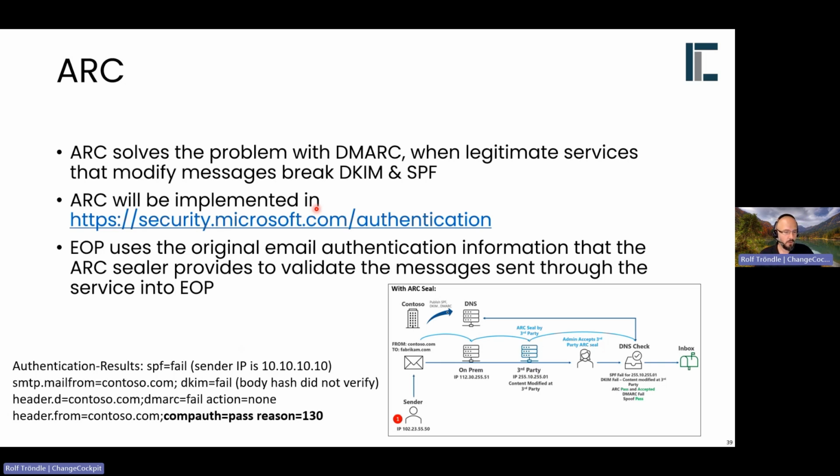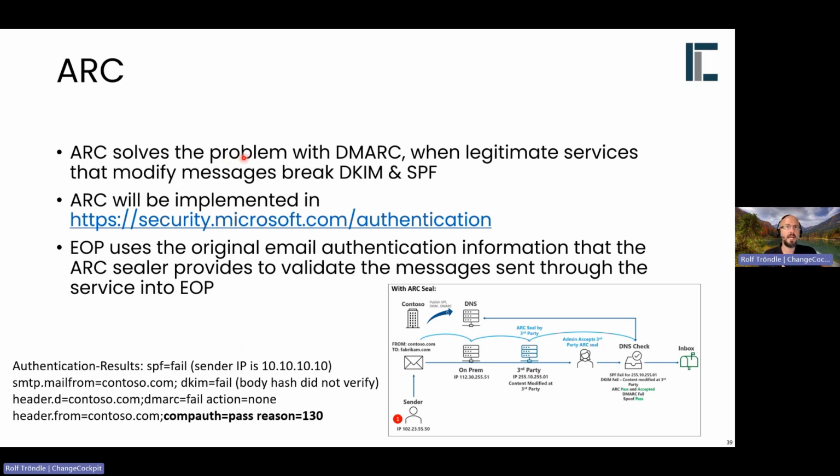You have your own mail hygiene solution. This anti-spam solution then prepends the subject. This means it will break DKIM. Then because of this, it could or it will have compauth=fail, and all emails arriving in Exchange Online will go into quarantine or junk.